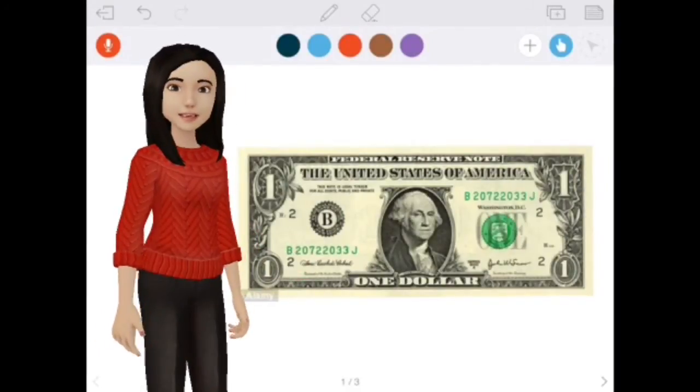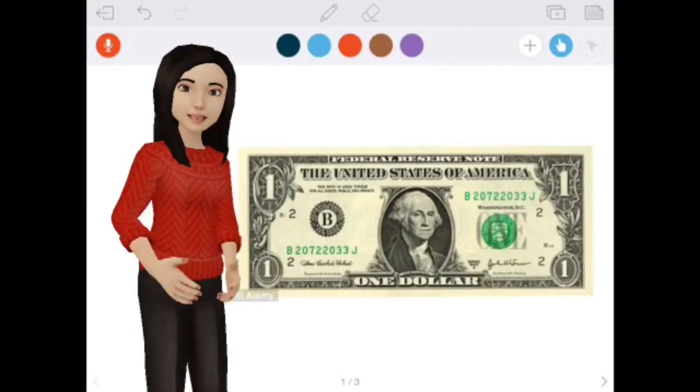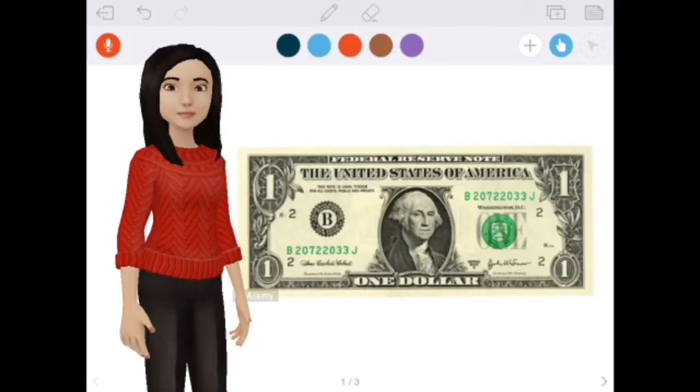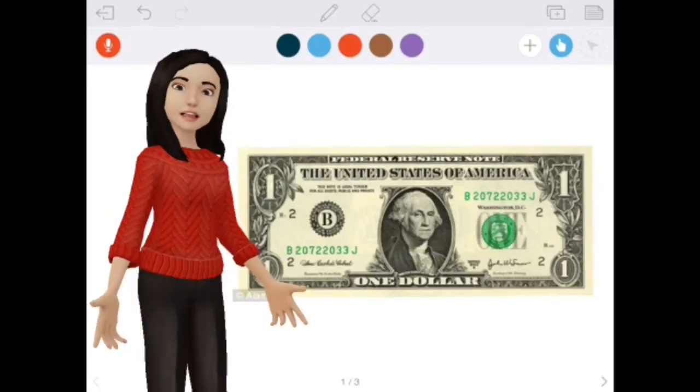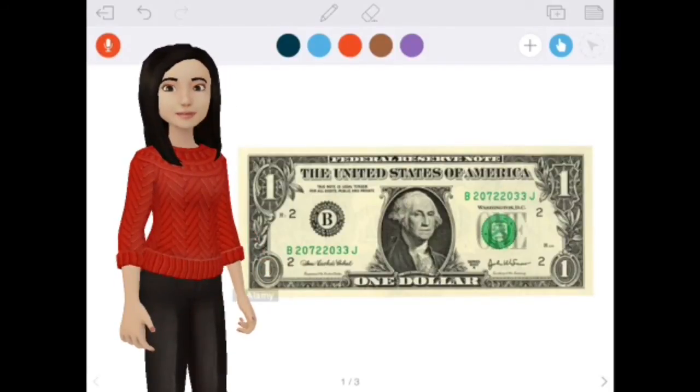Now that you know how many dimes equal $1, how many nickels equal $1, and how many quarters equal $1, I know you can combine different coins to make $1.